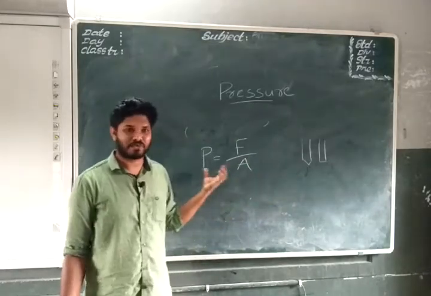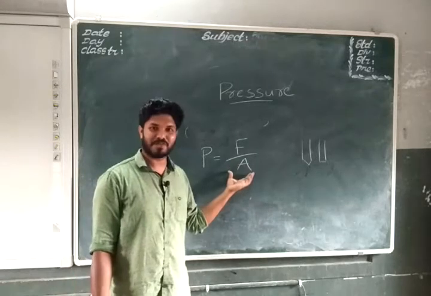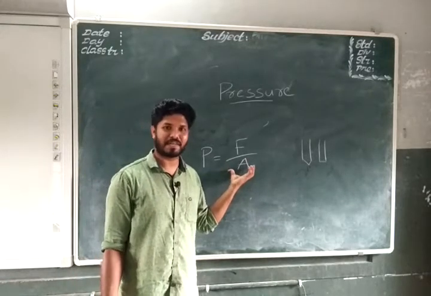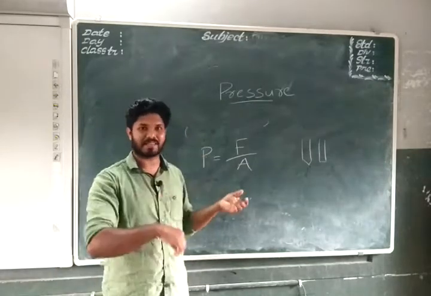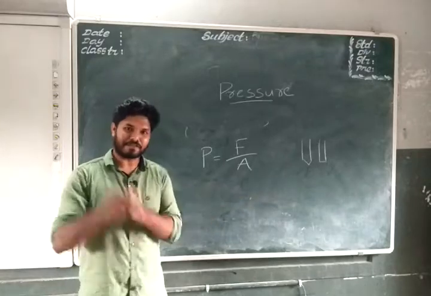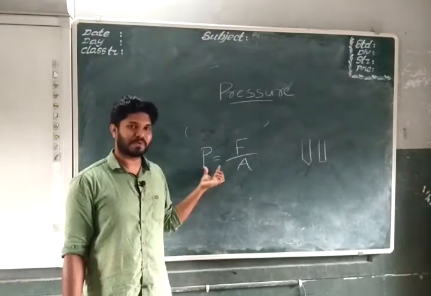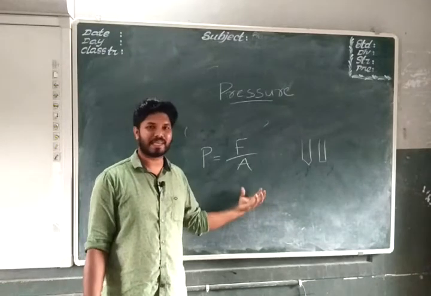Wherever you see per unit area, per length, that means divided by area, divided by length, divided by whatever comes after per. So pressure is force exerted per unit area, that means force by area.